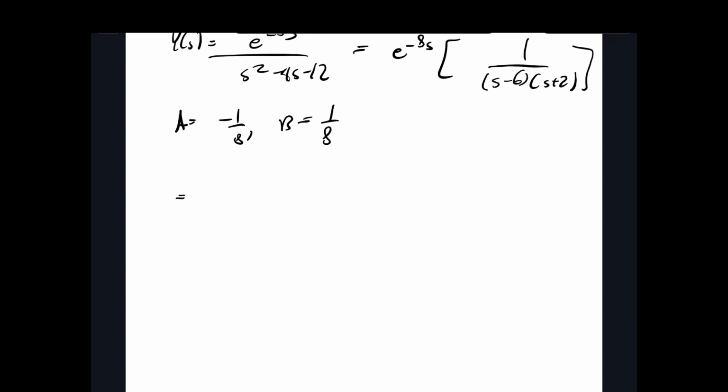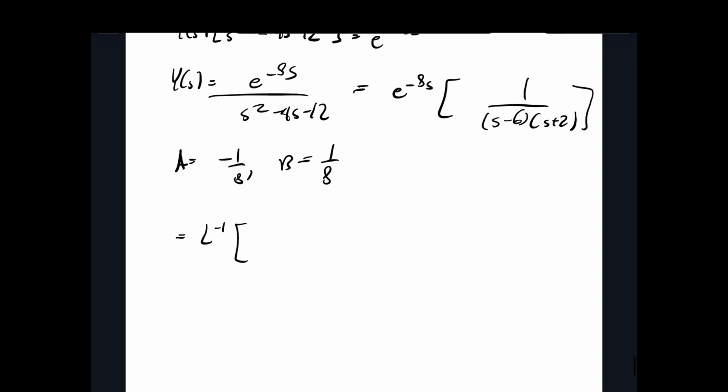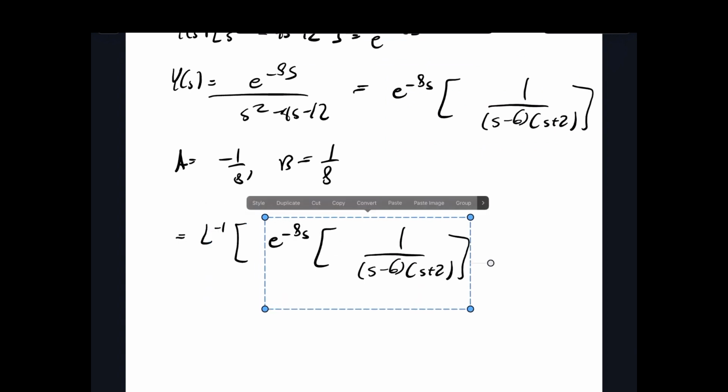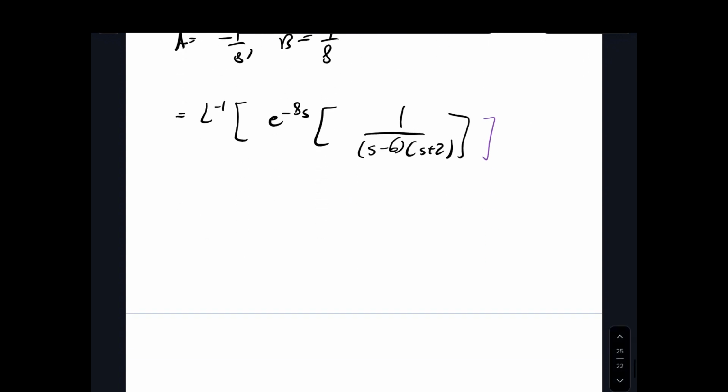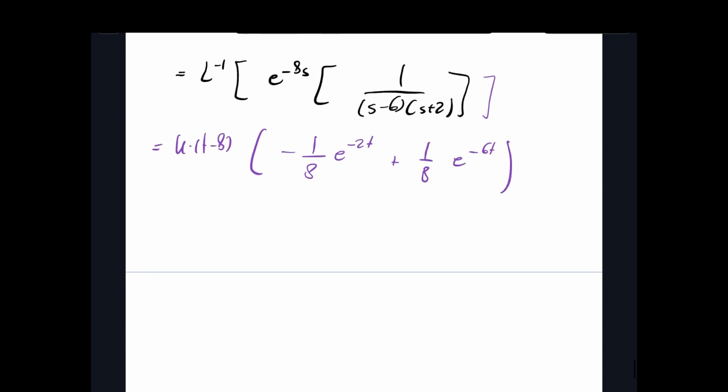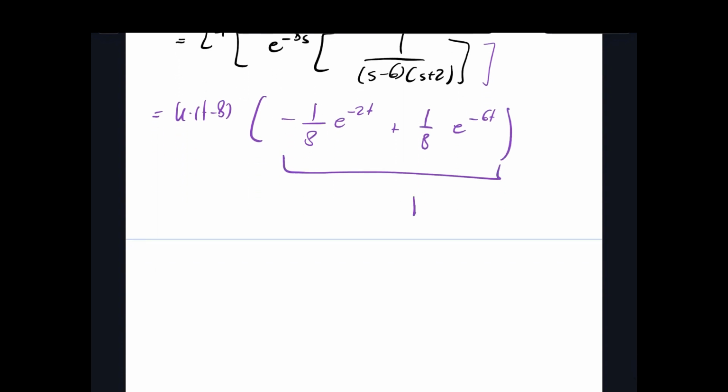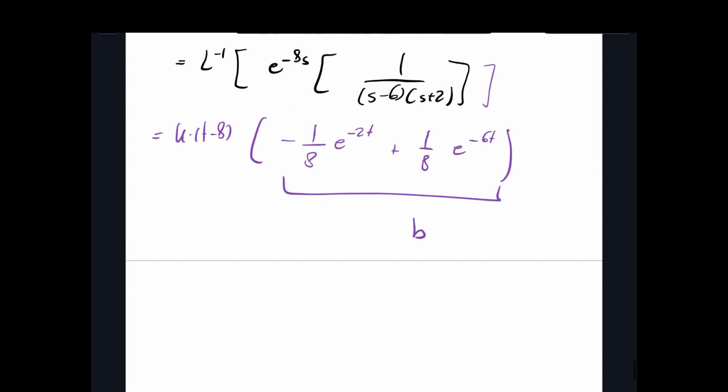And now taking the inverse Laplace of this whole part, then I finally get u at t minus 8 times negative 1 over 8 e to negative 2t plus 1 over 8 e to the negative 6t. And that's about it. This is my answer for B, and this is my answer for A.